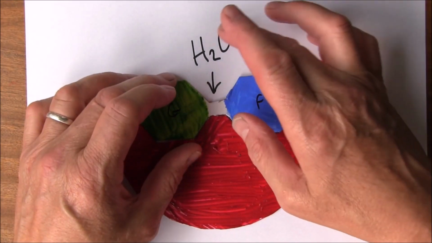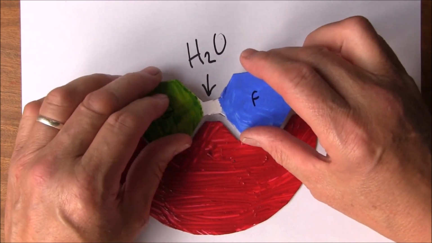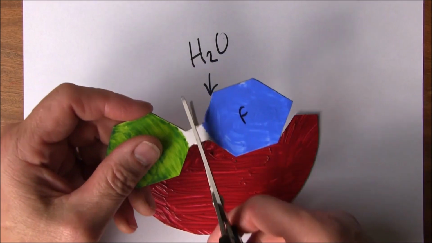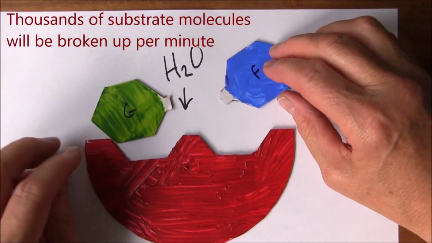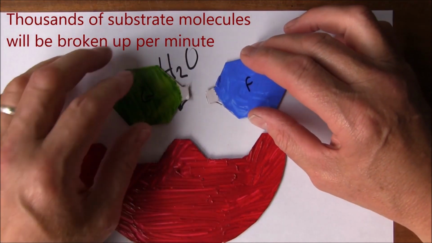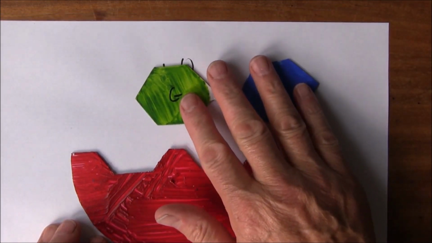That's going to allow water, facilitate the addition of water to the molecule. And then what will happen very quickly is that the enzyme will result in the breaking up of the two. And we now have an individual molecule of glucose and an individual molecule of fructose. The digestive process has taken place, and they're now free to be absorbed.